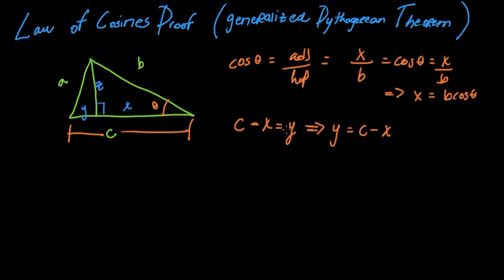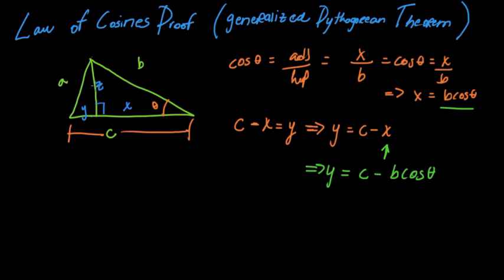Well, we can go a little bit further with this. What did we say x was? Well, we said x is right here, b times cosine of theta. So y is equal to c minus b cosine theta.